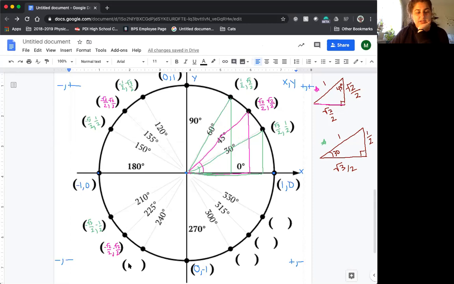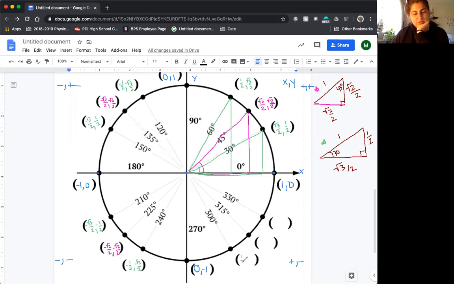And our last one's got to be negative 1/2, comma negative root 3 over 2. We're going to keep going. Well, this point right here, it's really similar to this point right here. The only thing that's different is that our x's are now positive again.